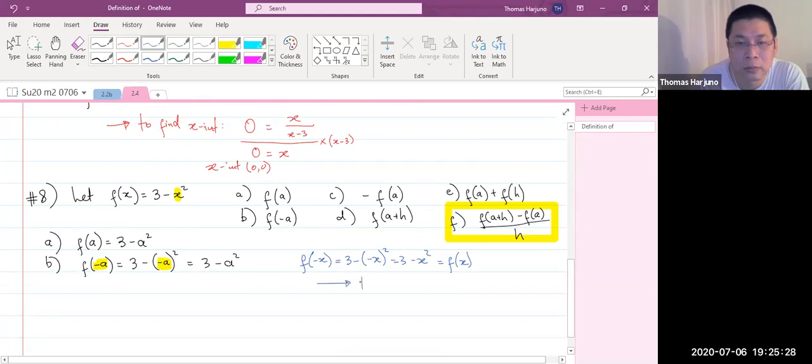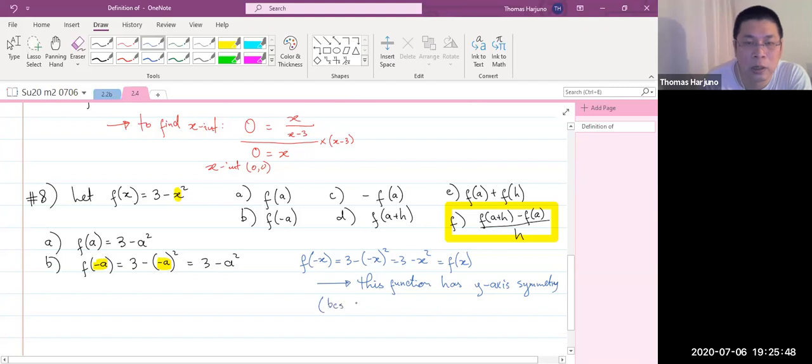Why? Well, because replacing x by negative x gives the same function.